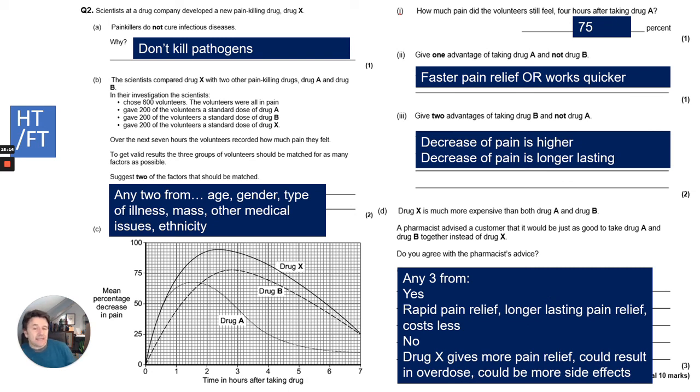If you said yes, you would say there's rapid pain relief, it's longer lasting pain relief, and it costs less if you use drug A and drug B. Whereas you could say no, because drug X gives the most pain relief, and if you took both A and B, it could result in an overdose, or you could have more side effects from taking the 2 drugs.